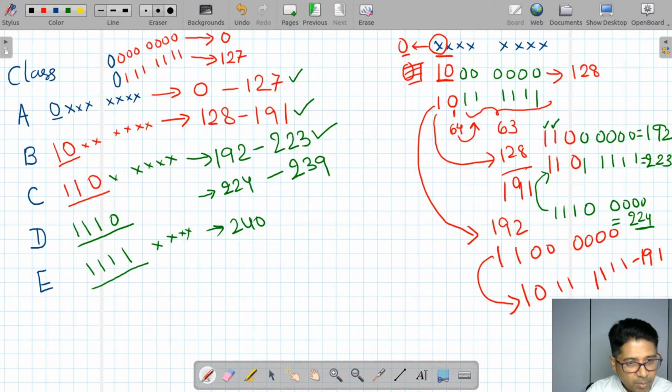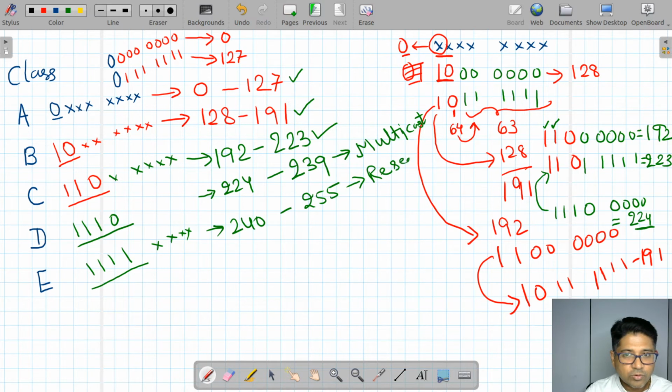So class D is for multicast. This is used for multicast. The remaining class E is reserved for research purposes. Class A, class B, and class C belong to unicast.